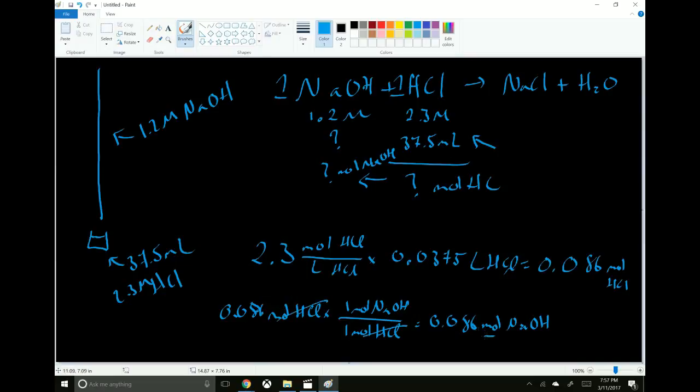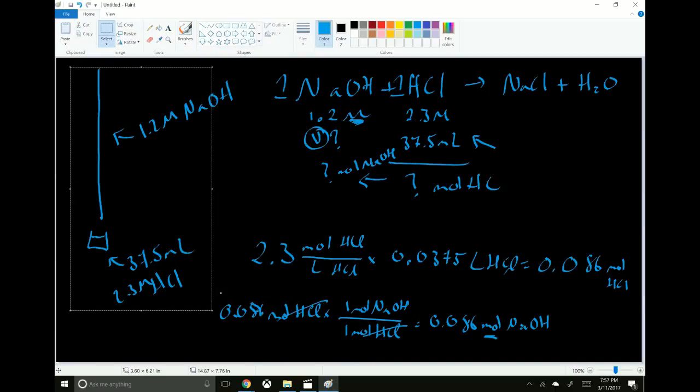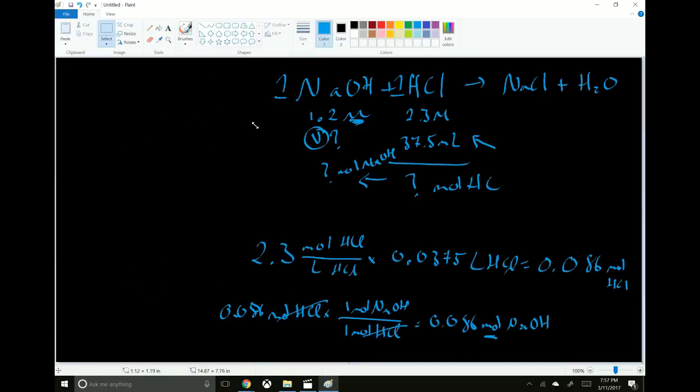All right, now we have moles of NaOH and we have concentration of NaOH, so we can find volume. Let's go ahead and clear out some room so we can do exactly that. Concentration equals moles over volume. Volume equals moles over concentration.